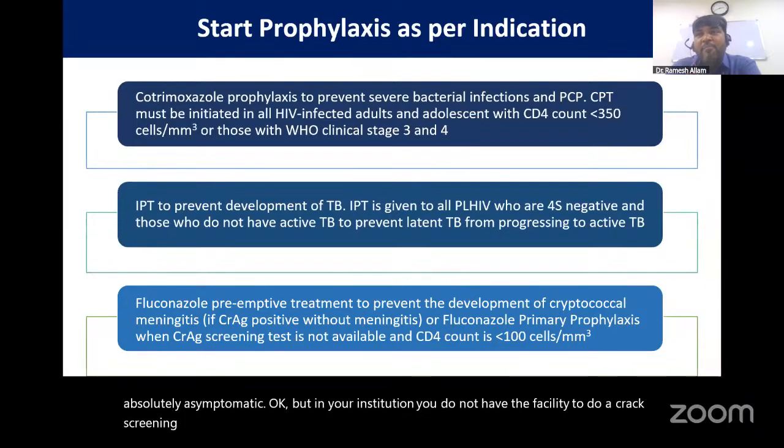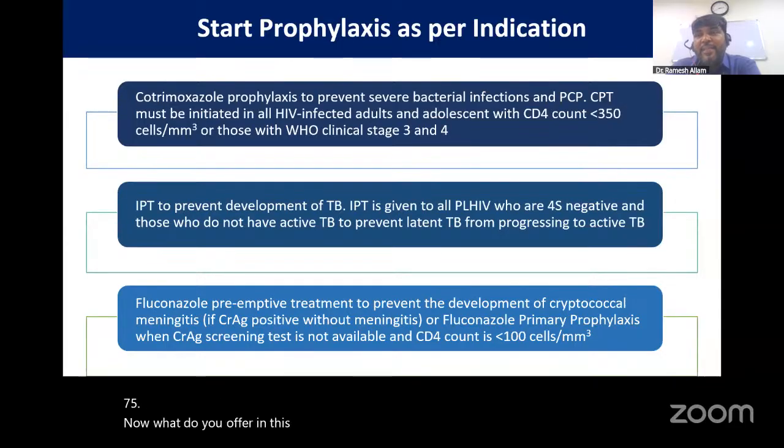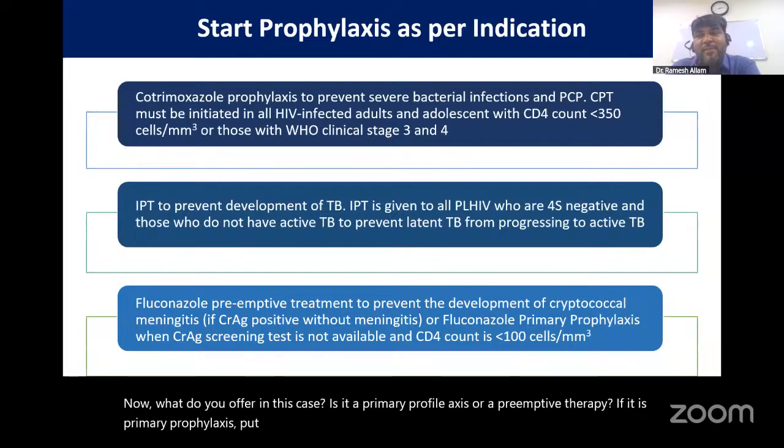But you have the patient's CD4 count, and the CD4 count is 75. Now, what do you offer in this case? Is it a primary prophylaxis or a preemptive therapy? If it is primary prophylaxis, put 1. If it is preemptive therapy, put 2 in your chat box.